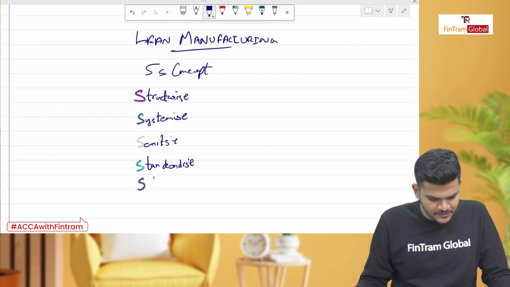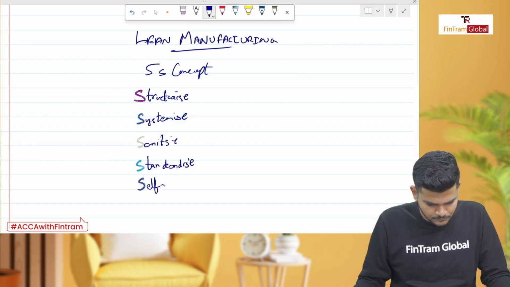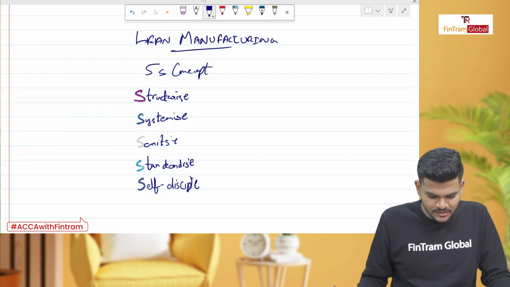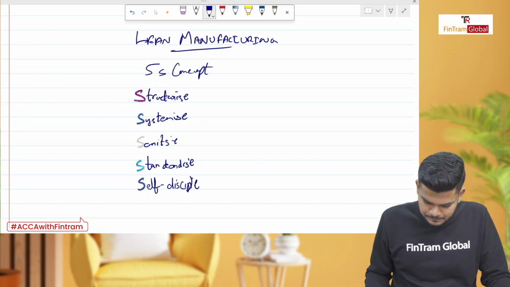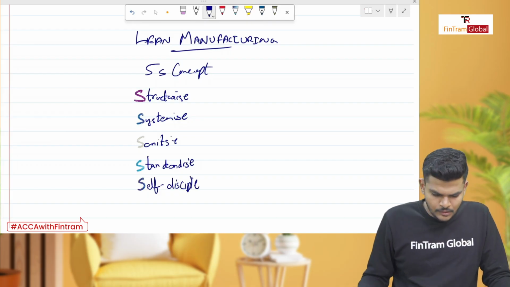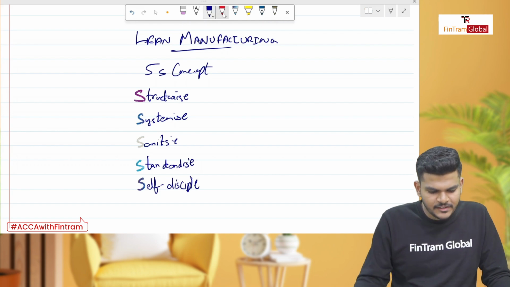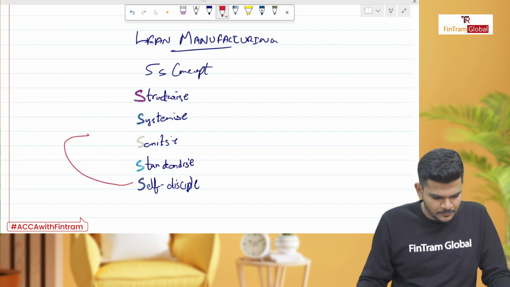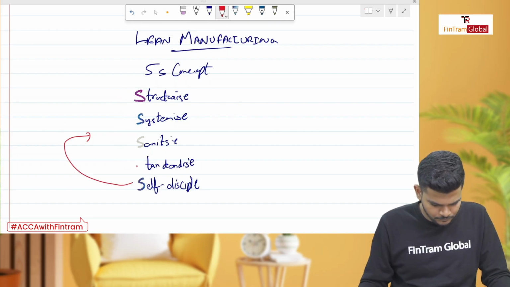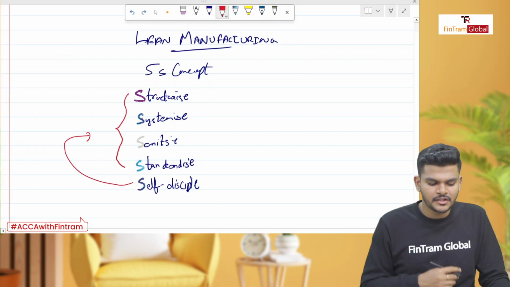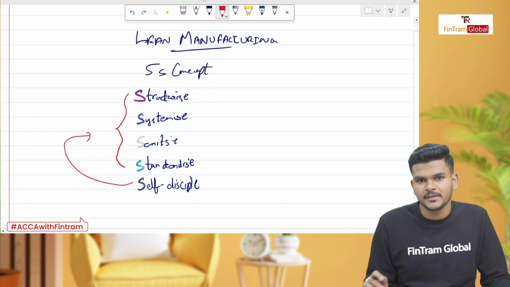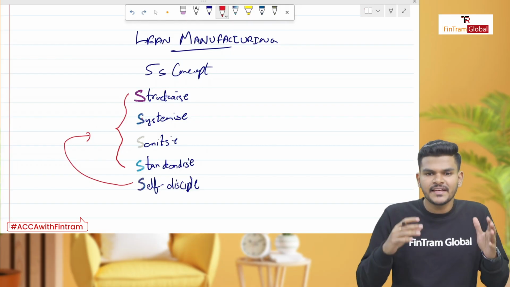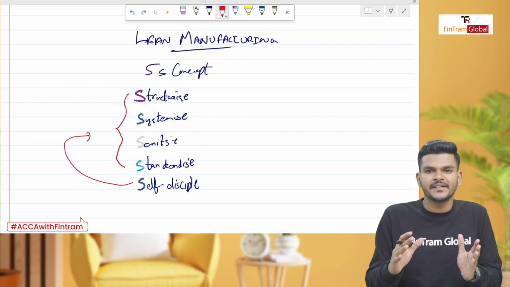And then there's self-discipline as well, which is really difficult. What is self-discipline all about? It's all about sustaining the other S's. Ensure that the structure is appropriate throughout.